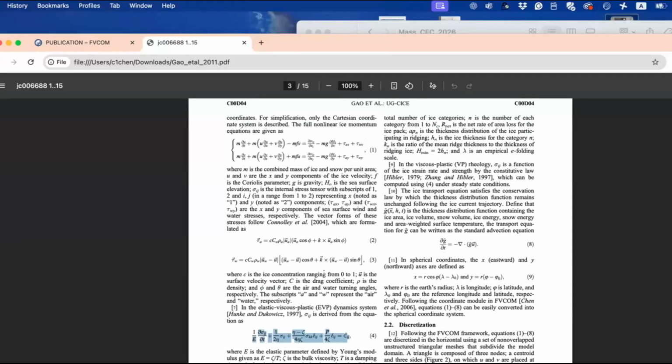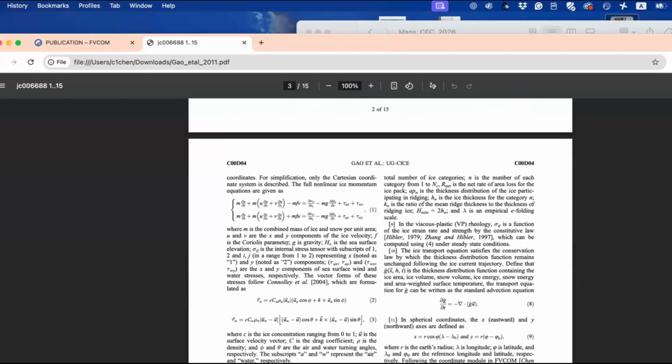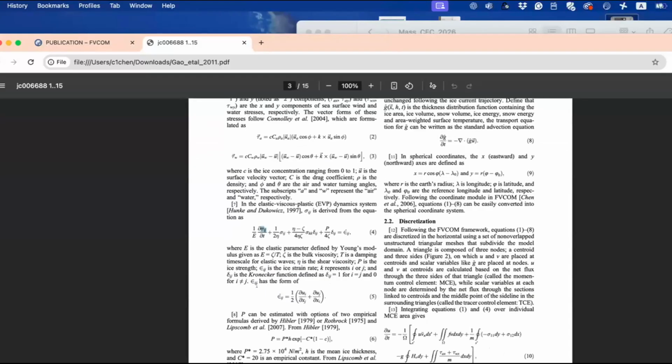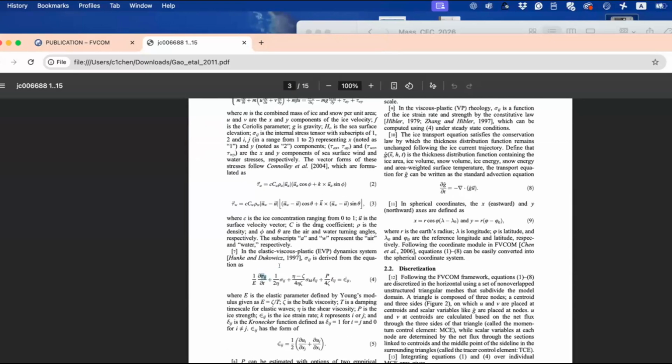Because you have an unstructured grid, most of the work is just to solve the equation here. You want to get this term, the sigma term. You have to solve the equation, so you have to determine the equation here. That's the method. Now, how do you check whether your method is correct or not?